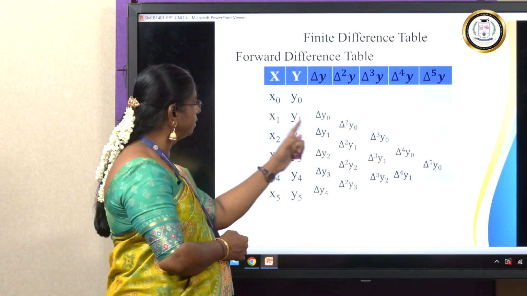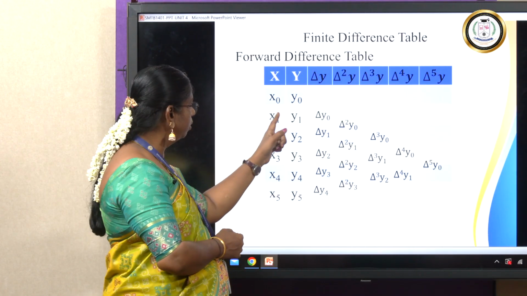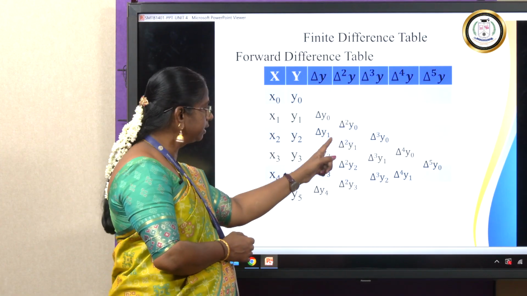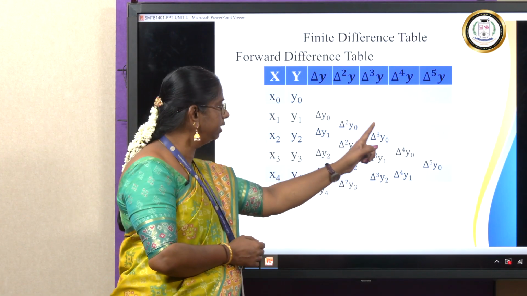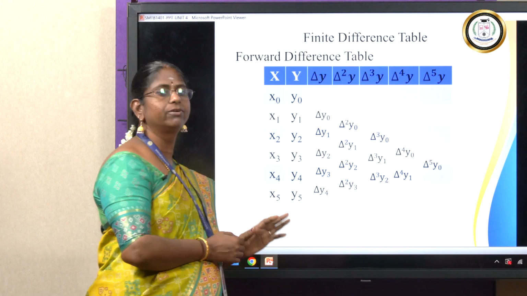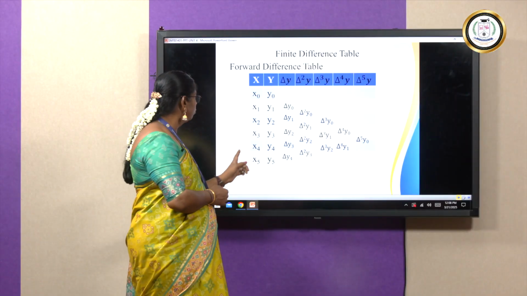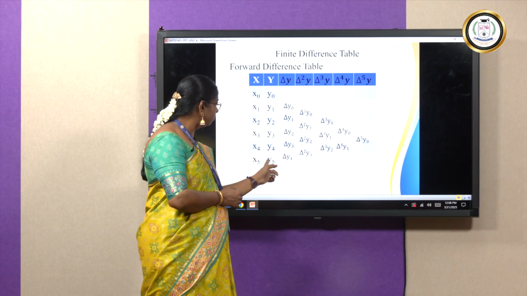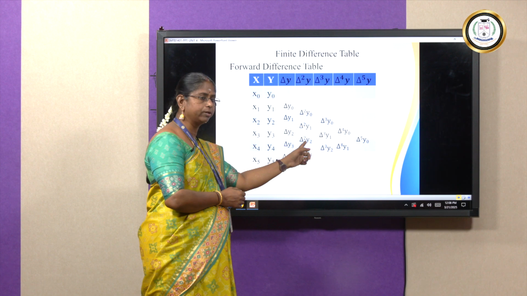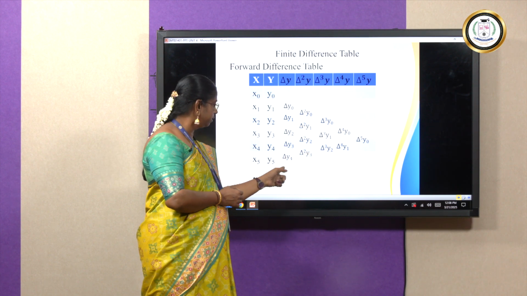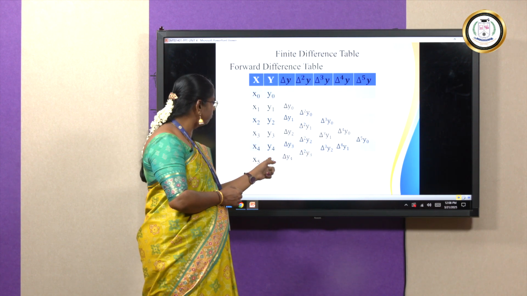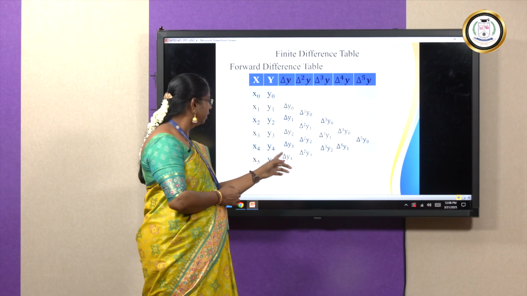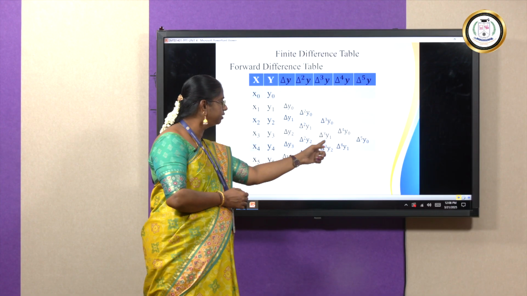Now look at that table: y0, delta y0, delta square y0, delta power 3, delta power 4, delta power 5 y0. But I could not find delta y5, delta square y5 and so on. Look downward: we cannot find delta y5, delta cube y5, everything. Like this, one suffix will be reduced.